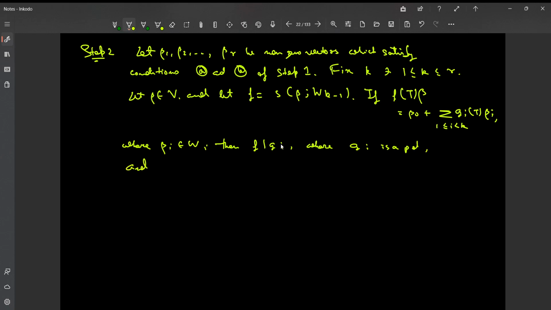And we have one more statement: beta naught can be written as f(T) gamma naught, where gamma naught is an element from W naught. Clear?